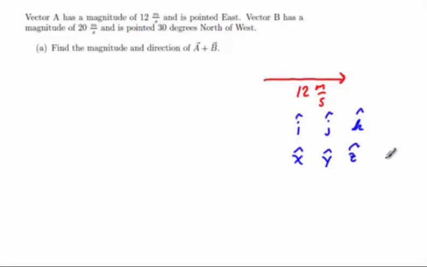Or finally, something that's a little rarer in a textbook, but is actually easy for students to understand, are the concepts of east hat, north hat, and perpendicular to both of those would be up hat.